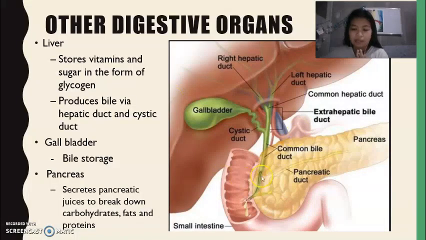Next, we have here the pancreas. So, what is the function of the pancreas? So, the pancreas produces a juice that contains enzymes to break down carbohydrates, fats, and protein in food. So, these enzymes are secreted to the duodenum through the pancreatic duct.